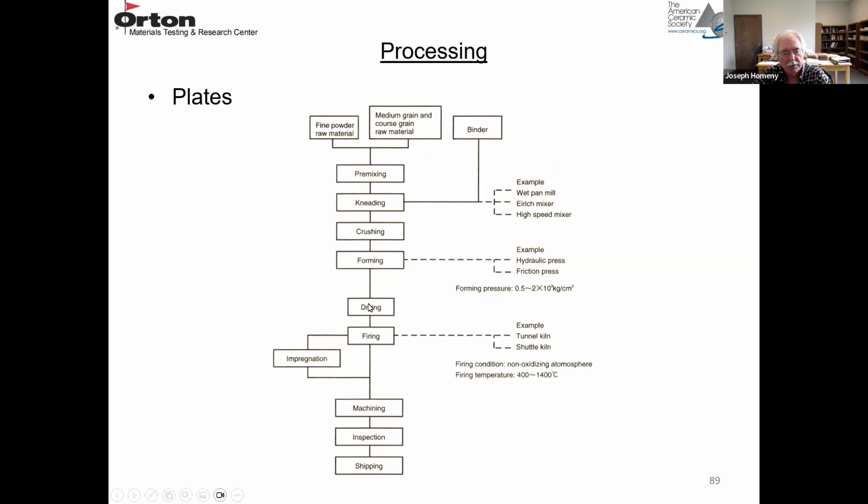The material is dried, it's fired, and it has to be fired in a non-oxidizing atmosphere. And depending on how they're firing it, or whether they're just coking the resin or doing actual sintering, the firing temperature can be between 400 and 1400 degrees C. So after firing, it becomes somewhat porous again because you pyrolyze the resin. You create some more porosity.